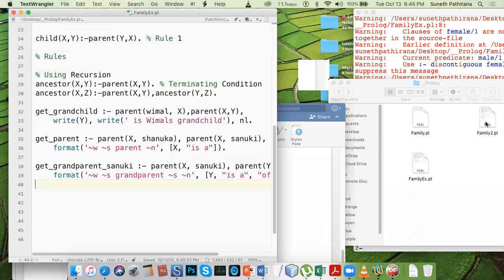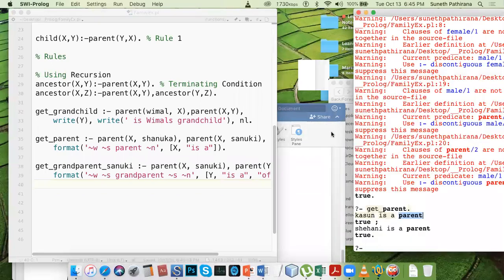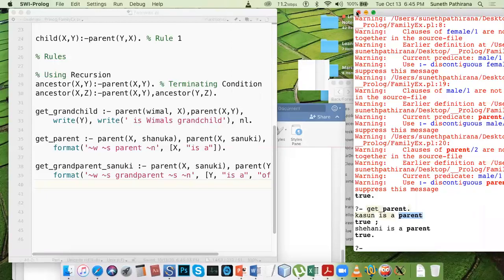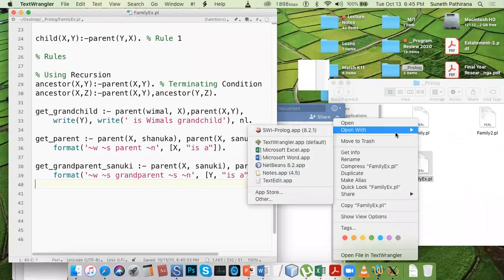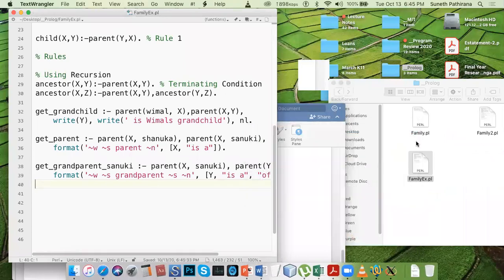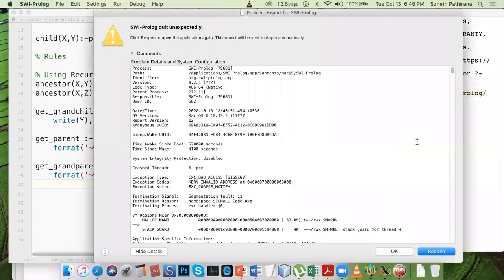I quickly execute that. I have to close this, it is still running. Something went wrong.